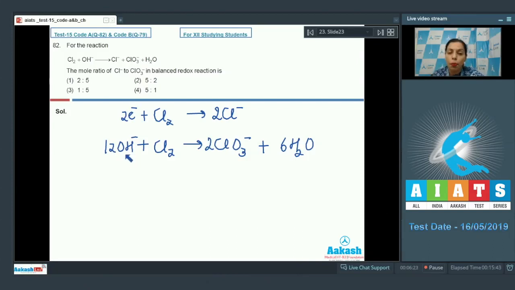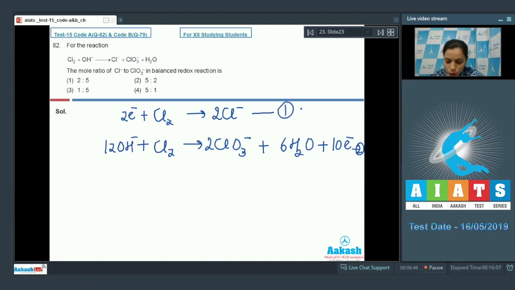Now we are left with balancing of the charges: 12 negative charges at this side and 2 negative charges at this side. So I just have to add 10 electrons at this side. Now we have two half reactions, 1 and 2, both of them balanced. Now let's balance the number of electrons in both of these reactions.